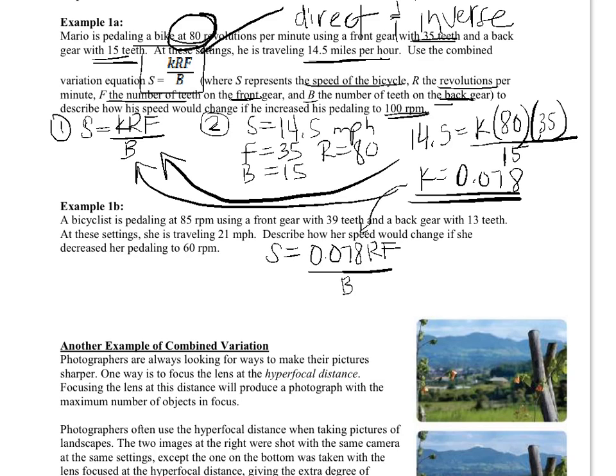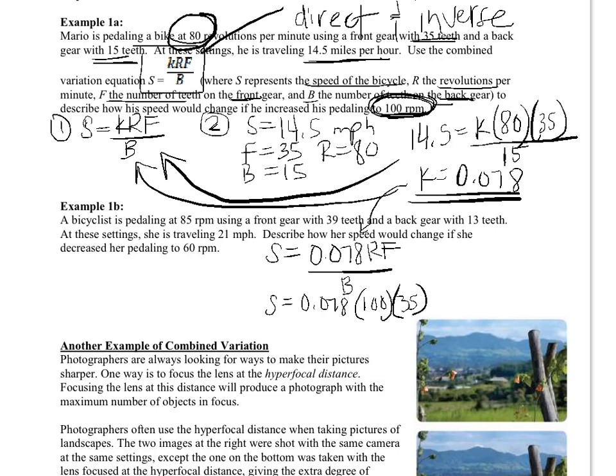So then they ask, in this question, describe how his speed would change if he increased his pedaling to 100 RPMs. So now we need to figure out what happens to his speed if his revolutions changes to 100 RPM. So speed equals 0.078. This R is going to be 100 now. The front teeth didn't change. They're still going to be 35.